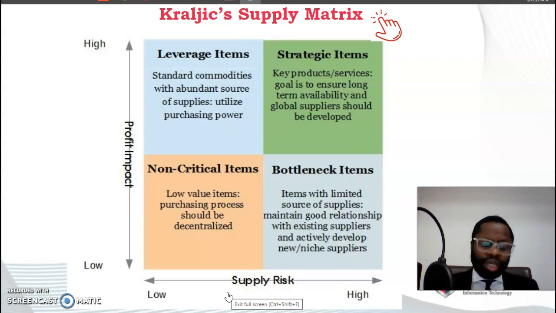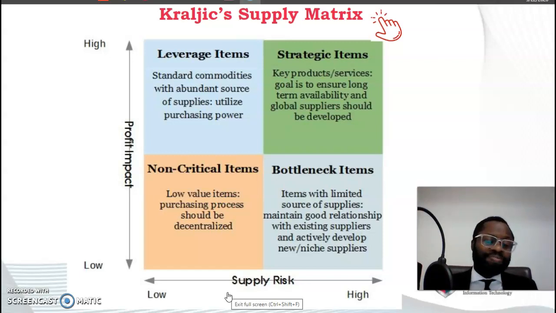Now usually for low value items, the supply risk is low. And why do we say supply risk is low? Supply risk being low means that it will not be difficult to acquire those items. You have leverage. There are likely to be many suppliers in the market, many.